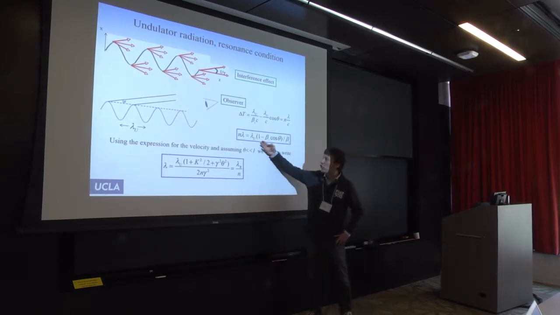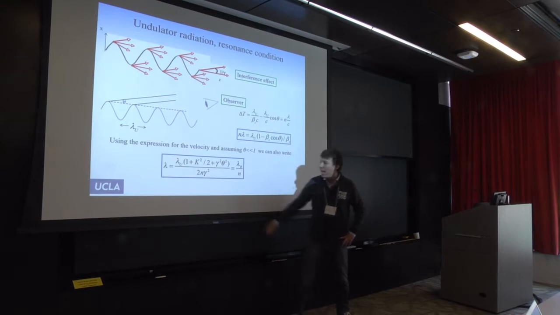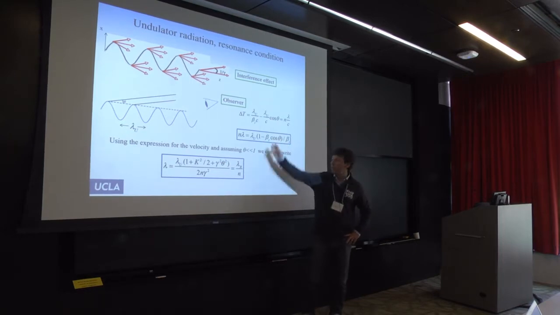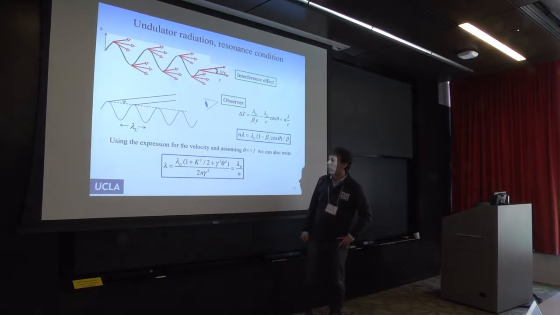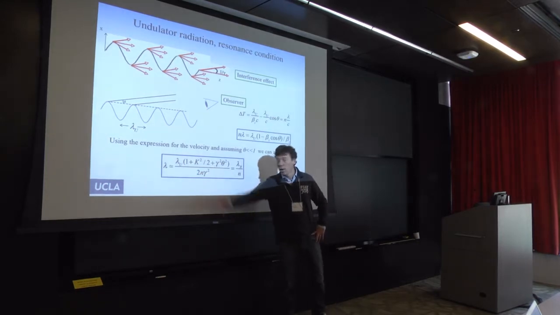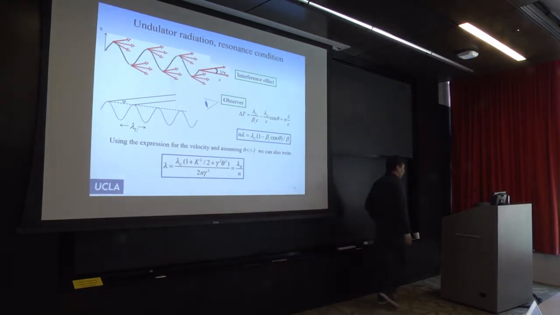So you can write this relationship for the wavelength that can be emitted, and just by expanding the cosine and writing beta, the relativistic beta, in terms of the relativistic gamma factor for the particle, you get this expression for the wavelength of the radiation that you can emit, the peak of the spectrum of the undulator.